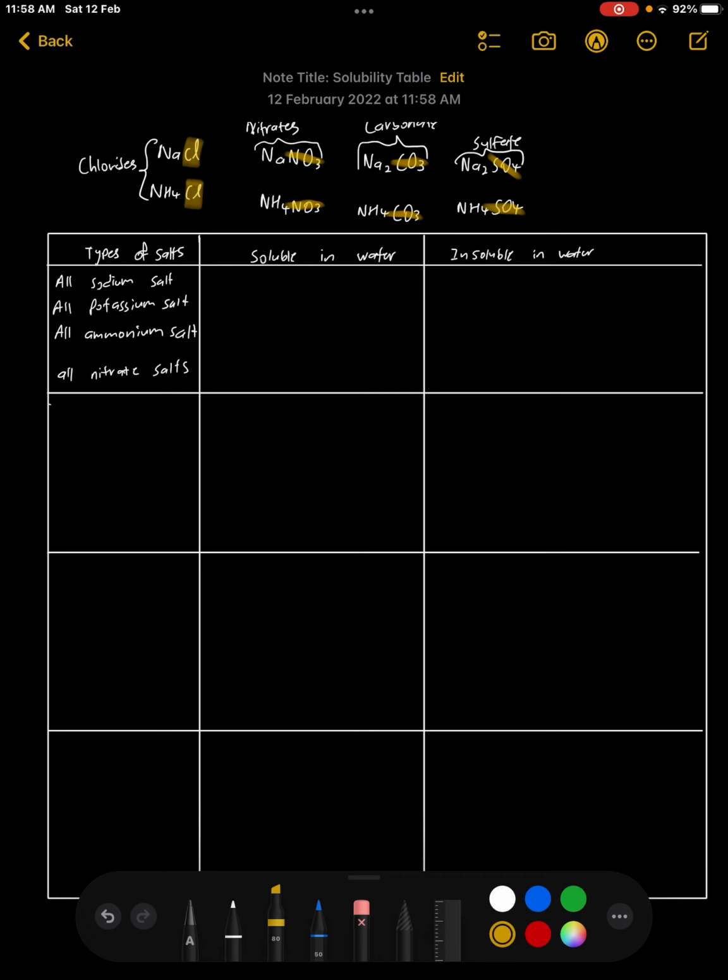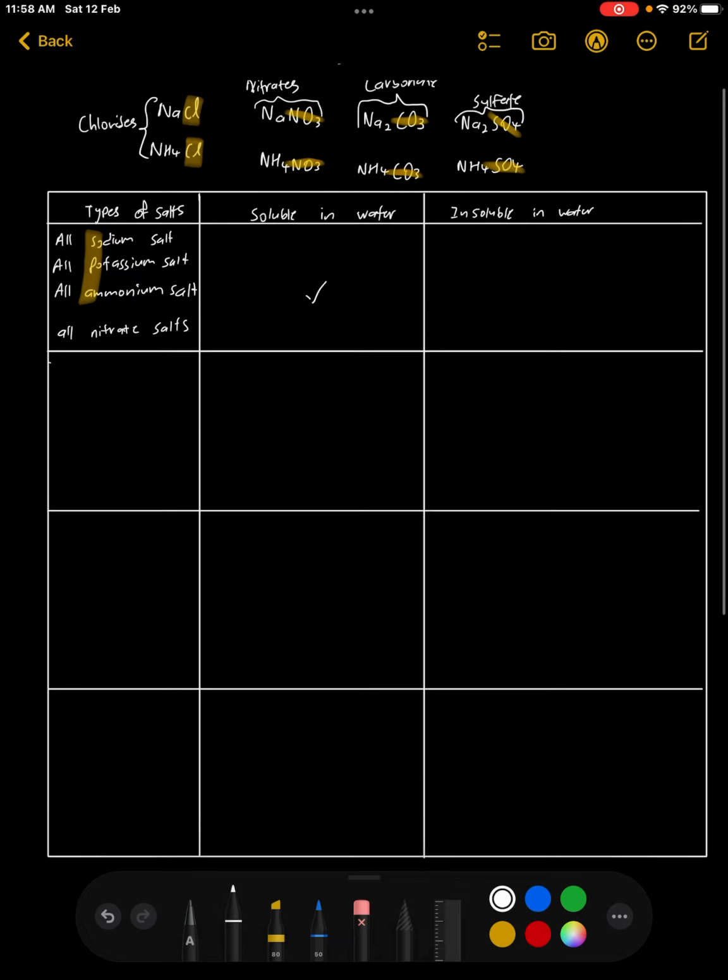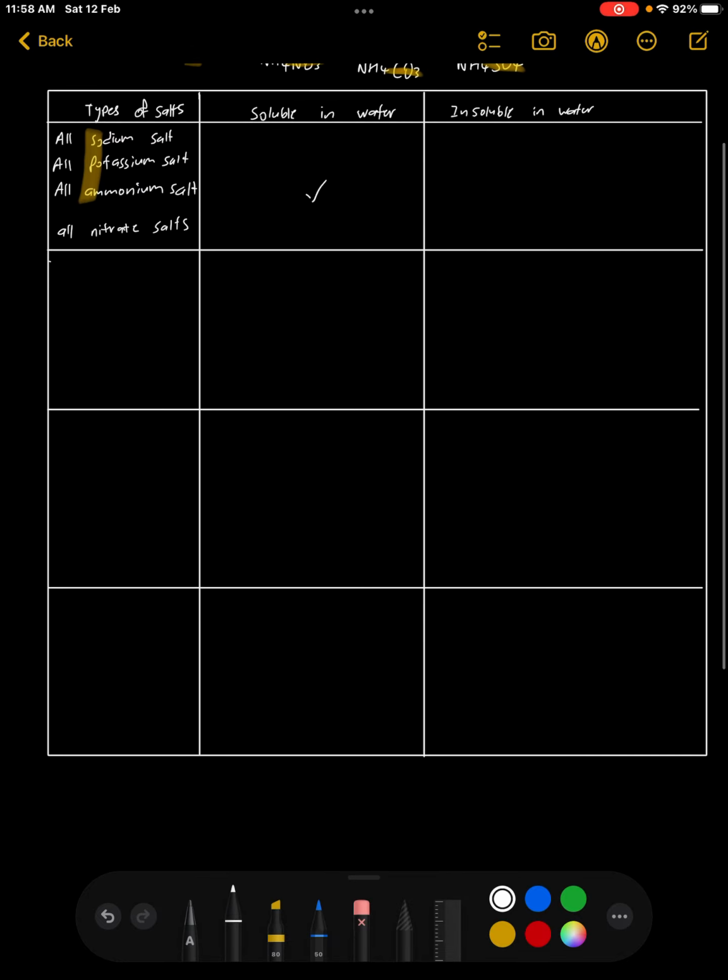So SPA is also known as your SPA salts. And then we have a group of salts called the nitrate. So all these salts are soluble in water, but in this group of salts, there are also salts which are insoluble in water. Now let me move on and show you.